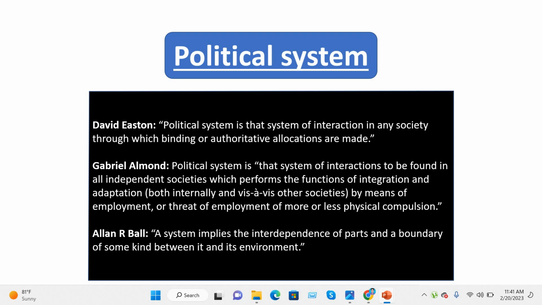So Gabriel Almond basically talks about the employment theme.